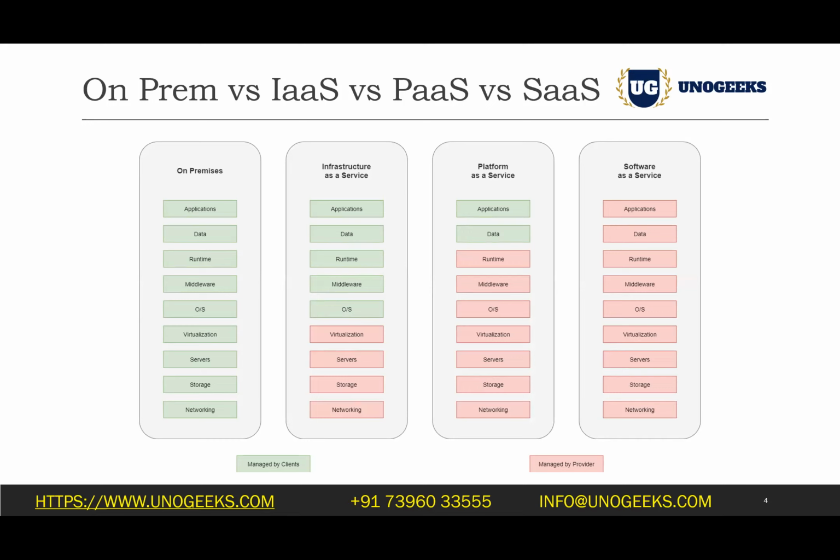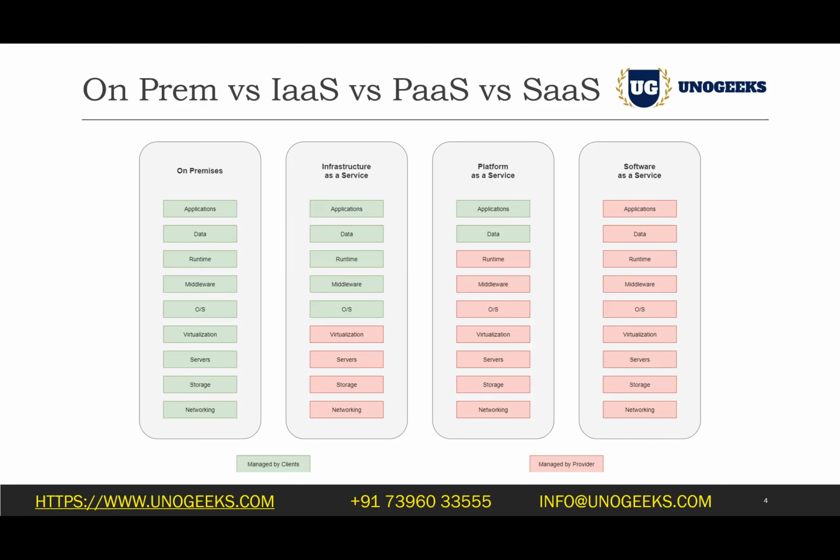Traditionally, the green ones are the ones which have to be maintained by the clients, and the red ones are provided by the service providers. When it comes to on-premises, you can see everything has to be maintained by you.